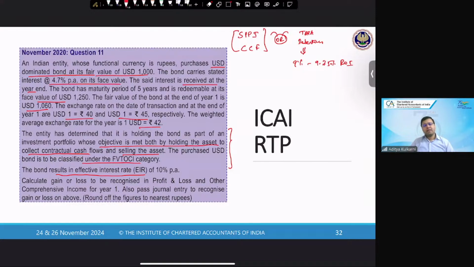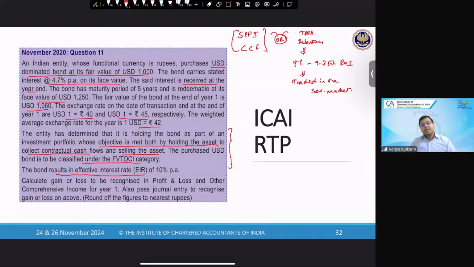So this is one instrument where you can still hold it until maturity and collect the contractual cash flows. But there is another facet to this instrument. What is it? These instruments are also traded in the securities market. Are we able to understand?